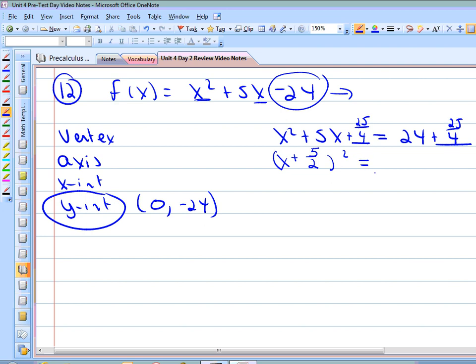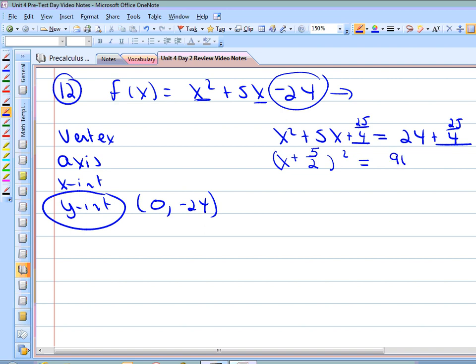All right, now this is where you have to be a little bit careful. I need to change 24 to fourths. If you have a blue calculator, you can do it in there, but be really careful. I'm going to do it the old-fashioned way. 4 times 24 will be, I believe, 96. So 4 times 24 is 96.